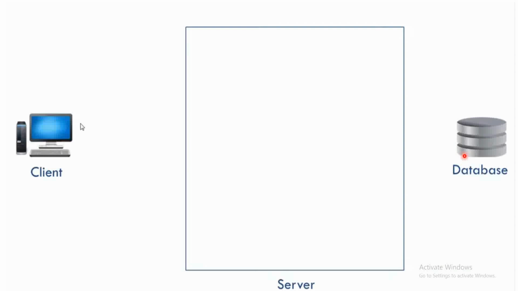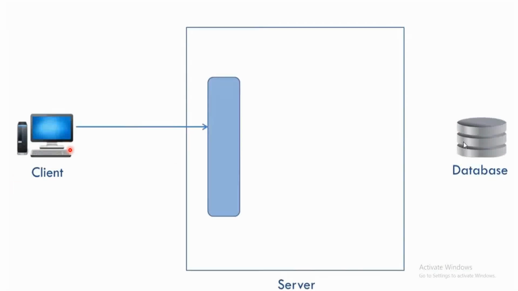Our database will store information of different products, like TV, mobile phone, etc. For getting the list of all the products, our client will send a request to the server.